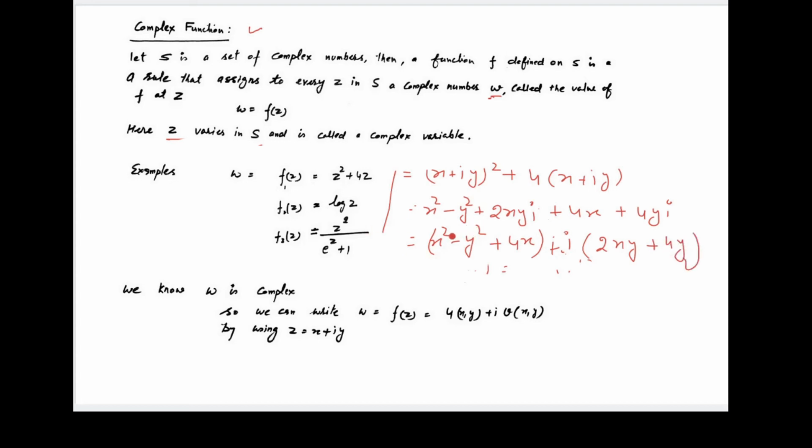So we have separated terms without iota and with iota. So this part is u and this part is v. So we can write f of z as u plus iota v.